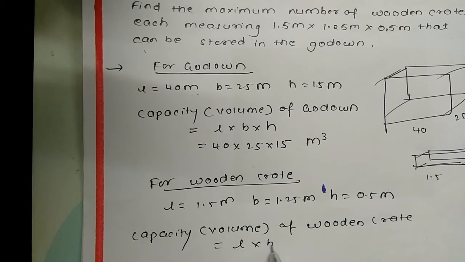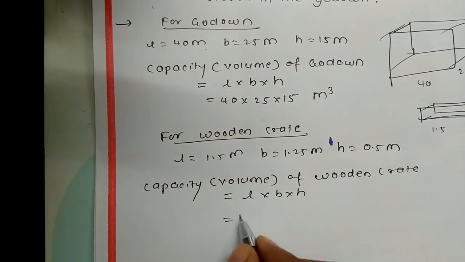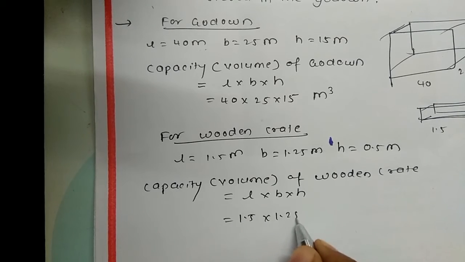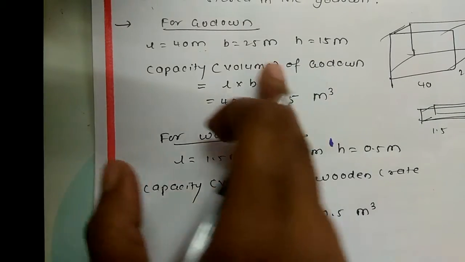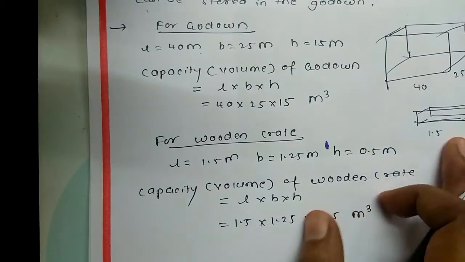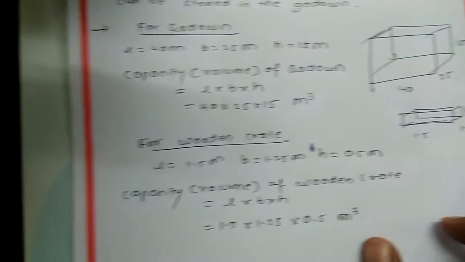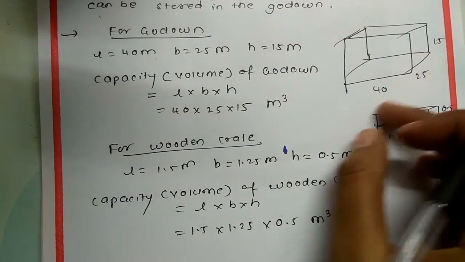That is L into B into H, which is 1.5 into 1.25 into 0.5 meter cube. So this is the space available in the godown and this is the space occupied by the wooden crate.